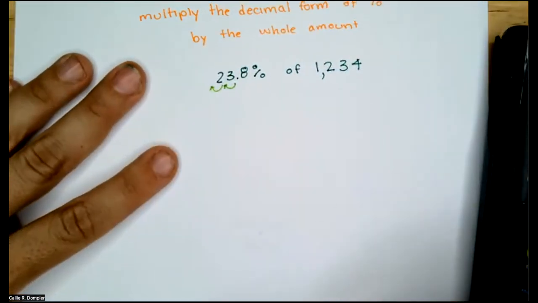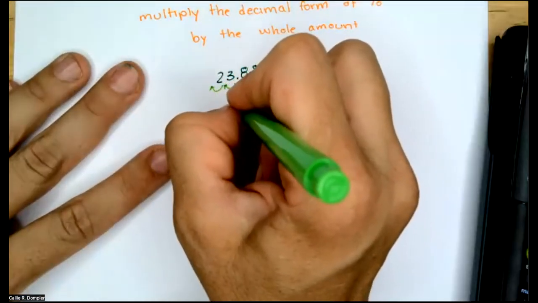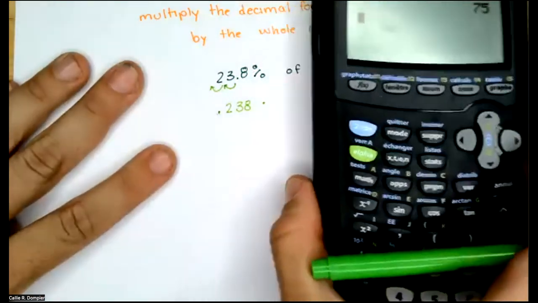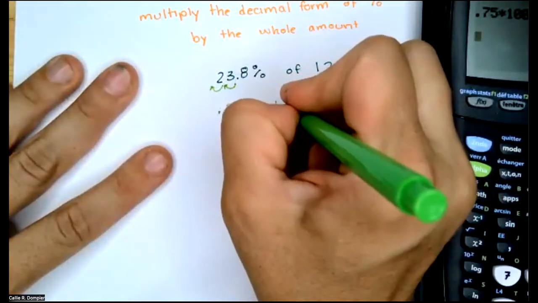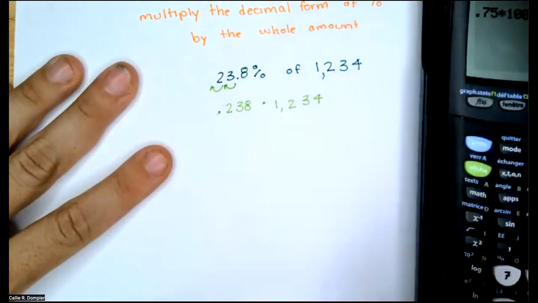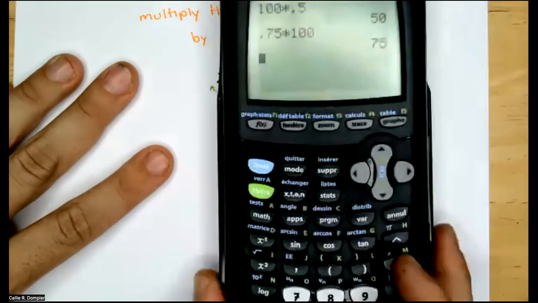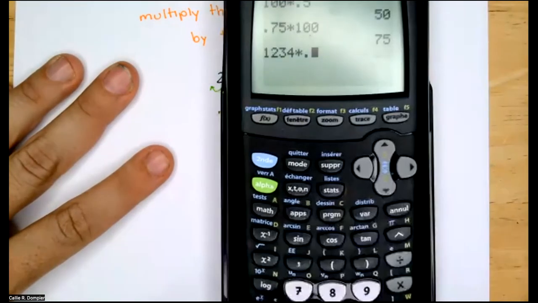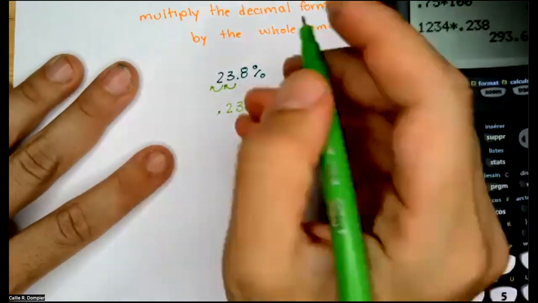So 23.8% is 0.238 times 1,234. Good. 1,234 times 0.238. It's actually 293.69.